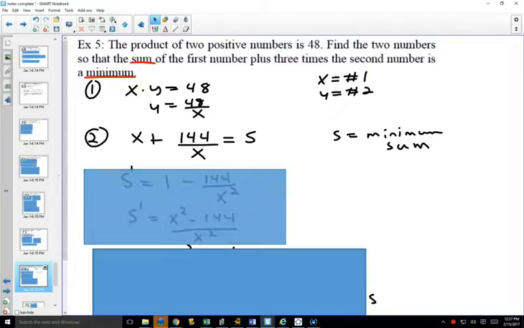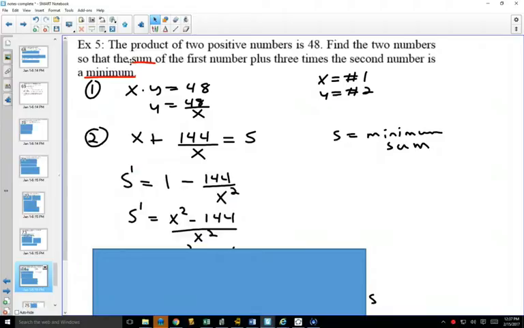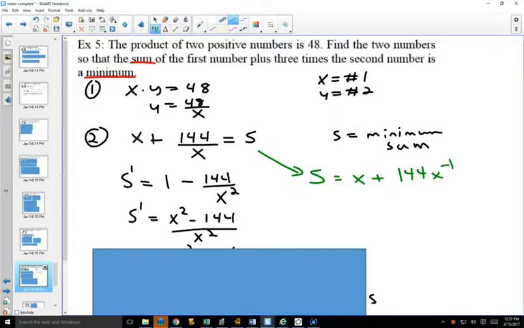So when you find the derivative of that, I would probably take an extra step here and say it's x plus 144x to the minus 1, because that will make my derivative a lot easier to do. The derivative of x is 1, and then I bring the power rule, bring the negative out in front, subtract 1 from the exponent, which will give me an x to the minus 2. I've now rewritten that with that x squared on the bottom.